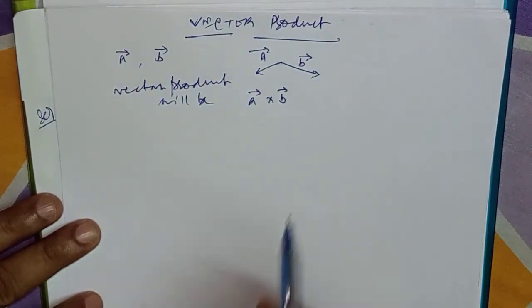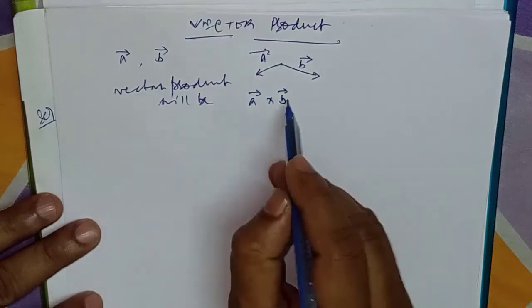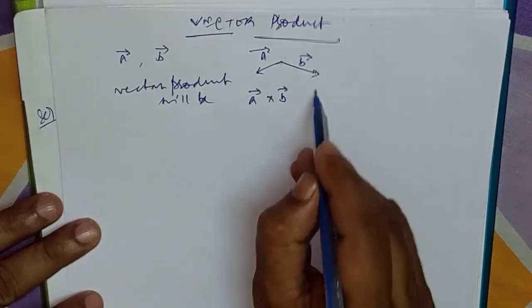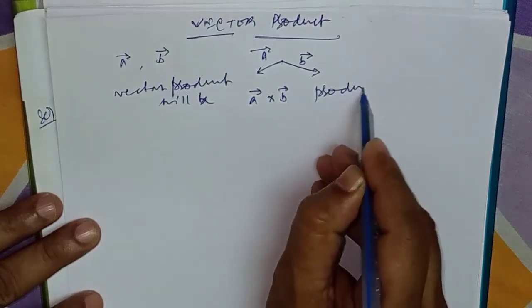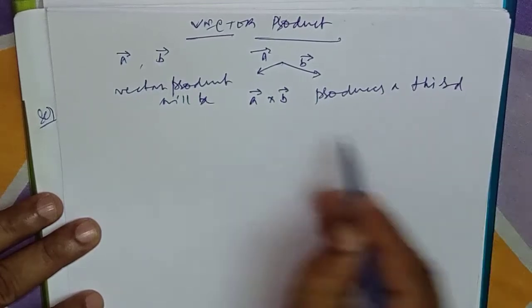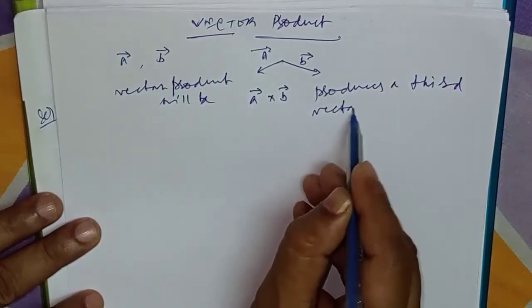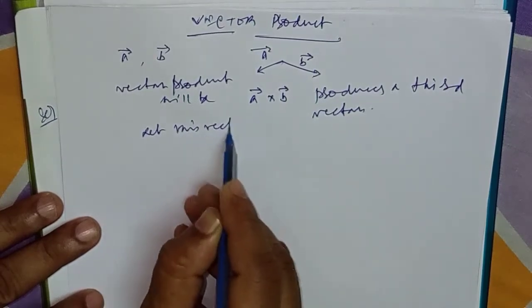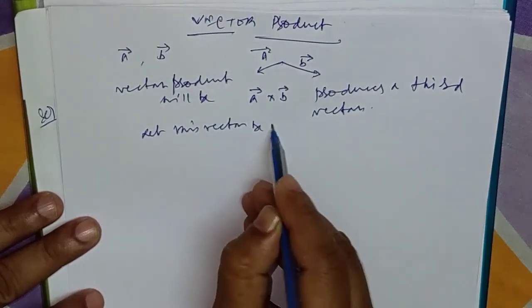Whatever this A cross B produces, it produces a third vector. Let this vector be the C vector.